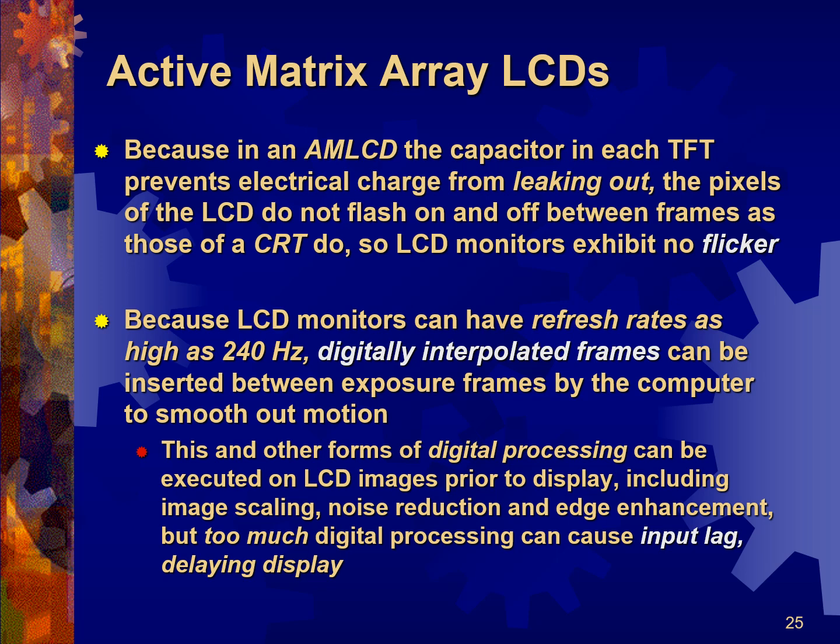Okay, so there's a capacitor at each pixel that prevents charge from leaking out, and so the LCD does not flicker between frames like a CRT does. It's a smooth transition without a flicker. So the next time I change slides here, notice that there's no flicker. It just, bam, almost instantaneously flips to the next slide and changes all the pixel assignments.